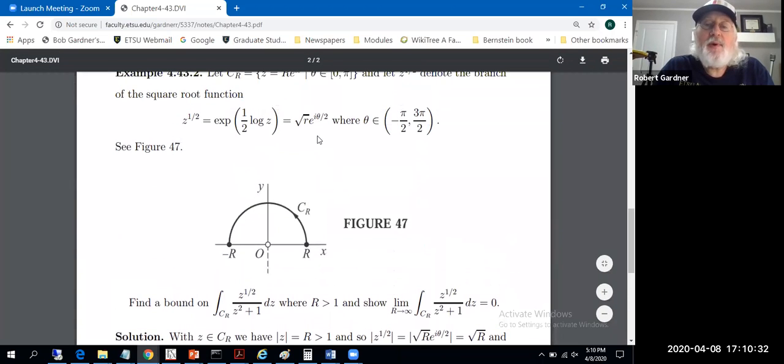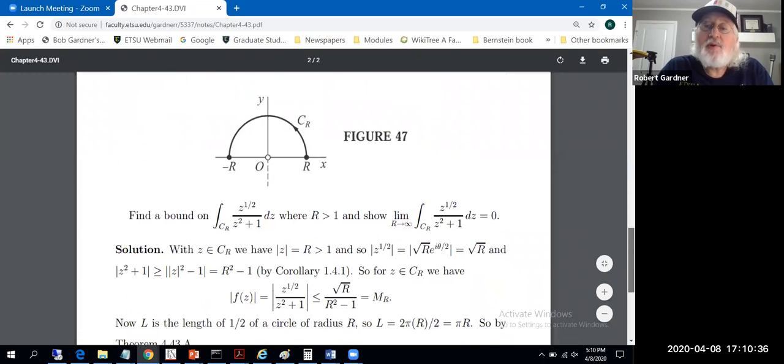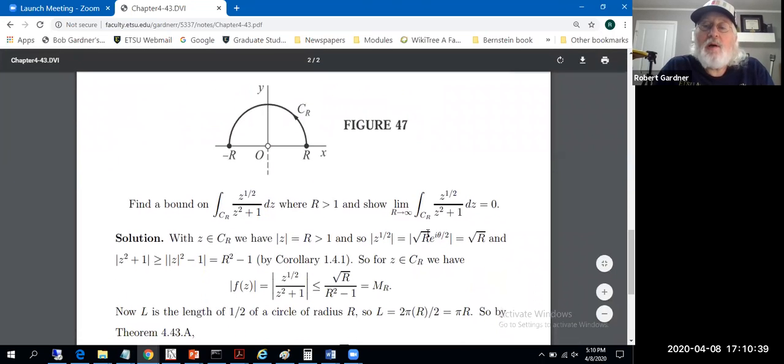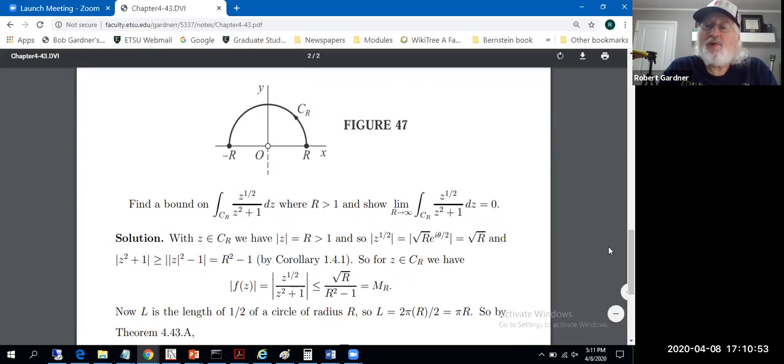That's similar to what we have up here, except now we know the modulus is represented by capital R. When we take a modulus, the e to the i theta over 2 has modulus 1, so we lose that, and we're just left with square root of r, as you would expect when you take the modulus of a branch of the square root function. We get the square root of the modulus.